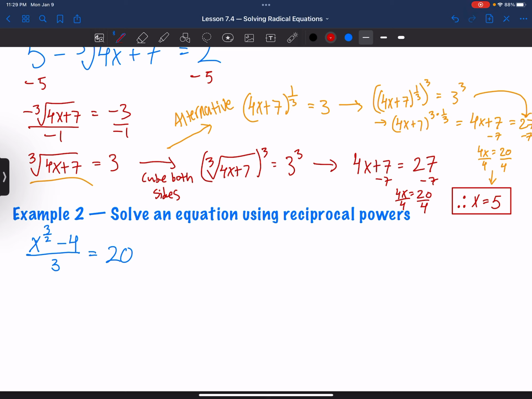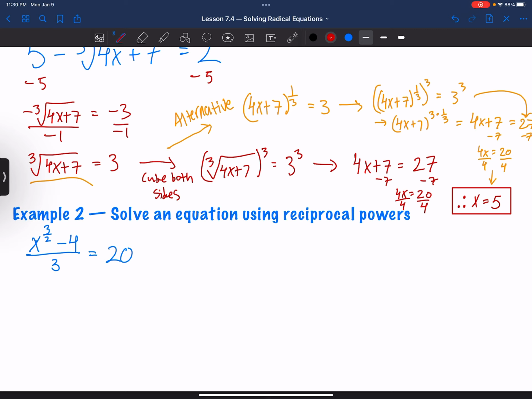Same idea. Again, I want to isolate the radical, meaning I want to isolate, you see, x to the 3/2. Well, that's square root x cubed, right? That's what that is. So that's my radical term. So that's what I want to isolate.